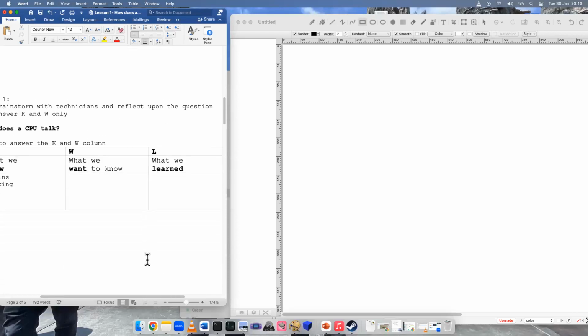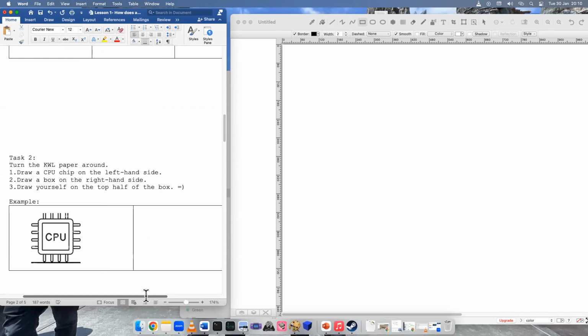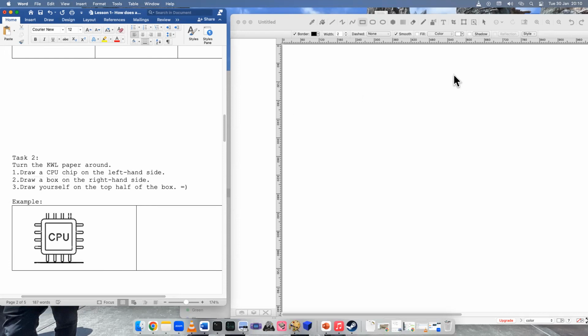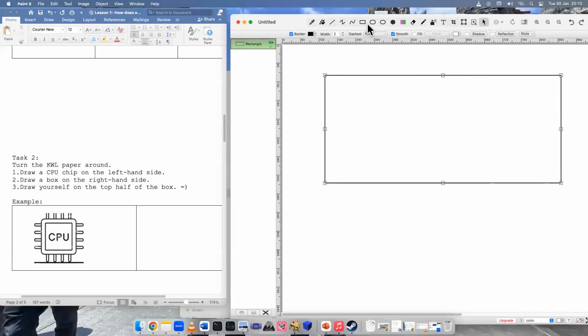Okay, let's continue. Like I said earlier, let's get out a pen and paper. I'm going to draw on the right side of the screen. Let's get a box, like a rectangle, and divide it in half.